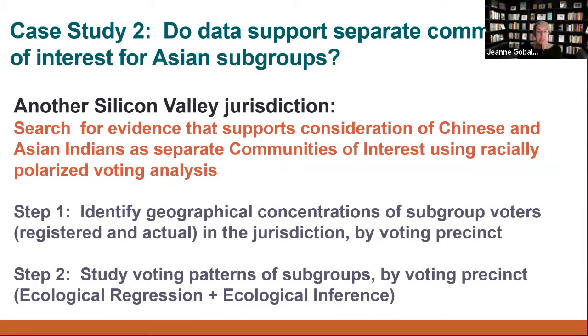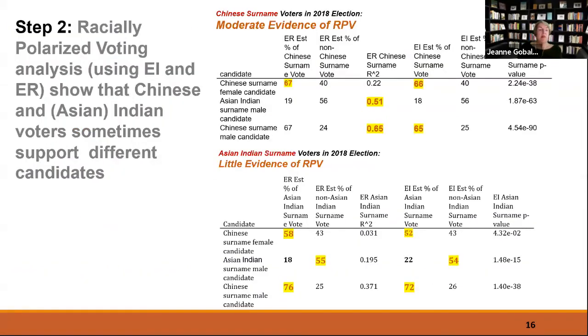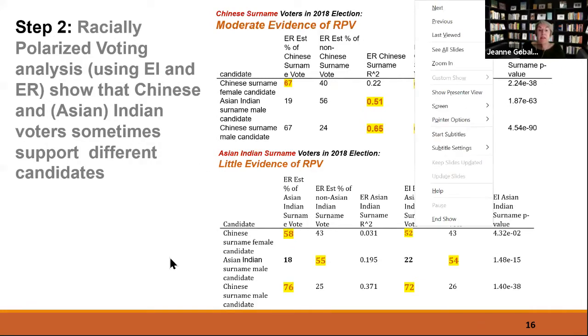We did a whole series of these racially polarized voting studies, and the end result was to show that Chinese and Asian Indian voters sometimes support different candidates. And the yellow highlighting on this slide shows in the top panel moderate evidence of racially polarized voting. And that's for Chinese voters in the 2018 election.